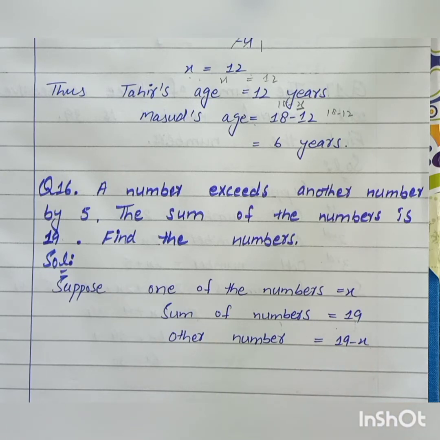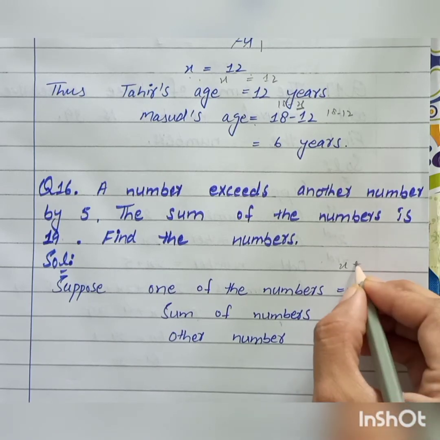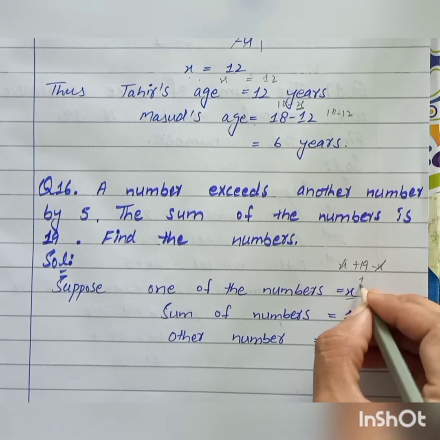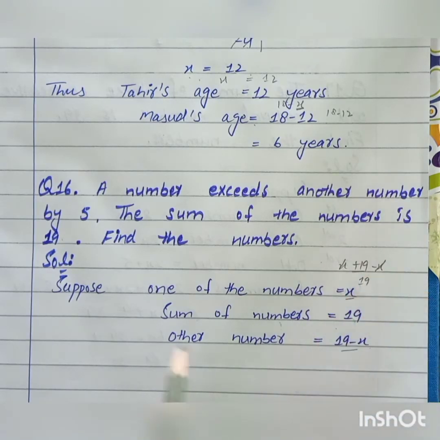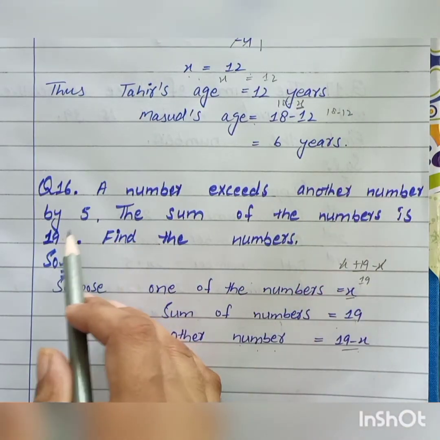So according to the previous question, x plus 19 minus x, the x is cancelled out, so 19 is the sum of the two quantities. That's why we suppose one of the numbers is x and the other number is 19 minus x. According to the given condition, a number exceeds another number by 5.